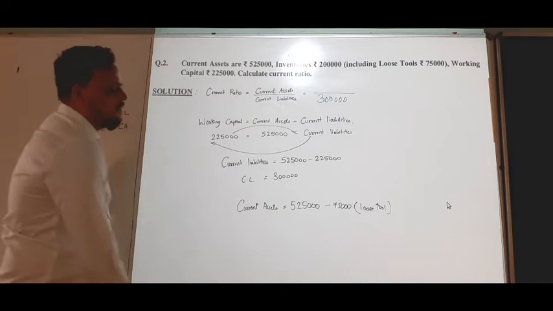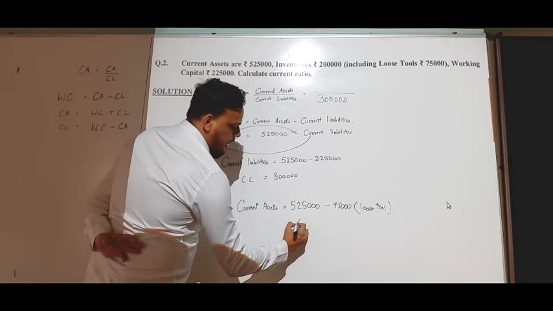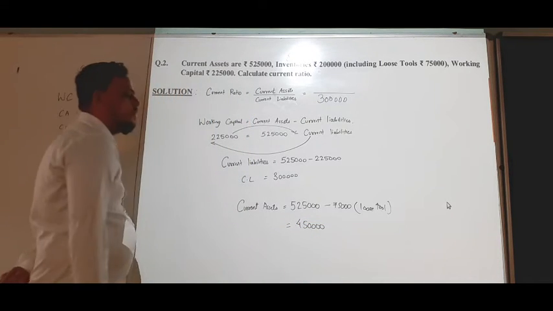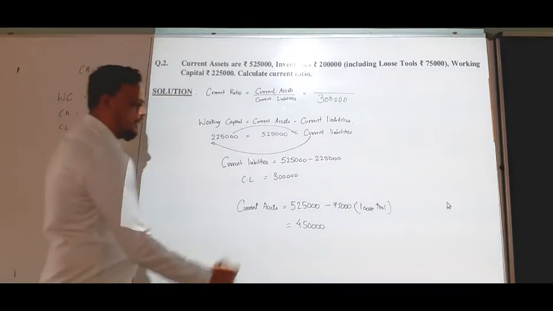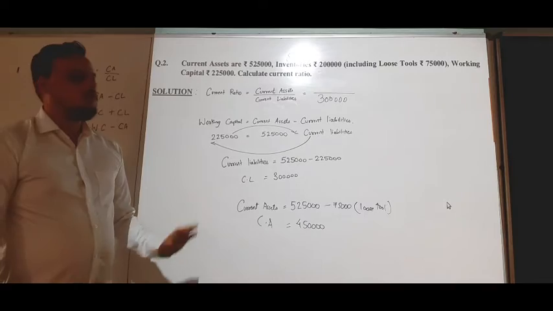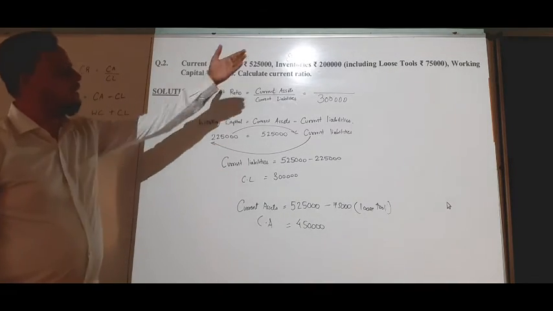I am doing this, then I'll get the answer as 4,50,000 rupees. So your current assets will be 4,50,000.